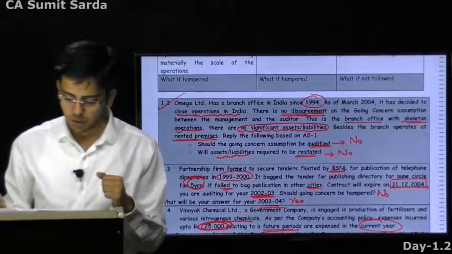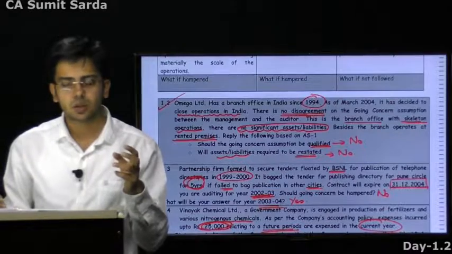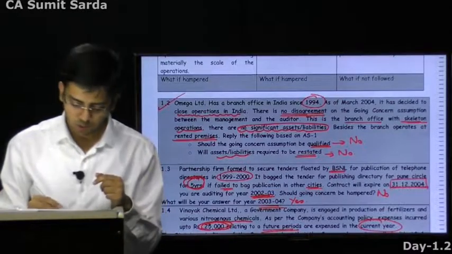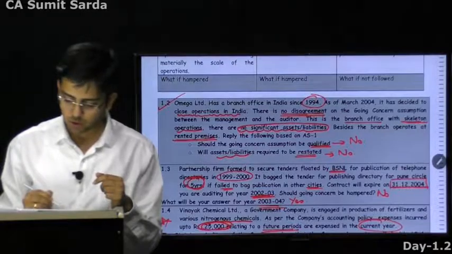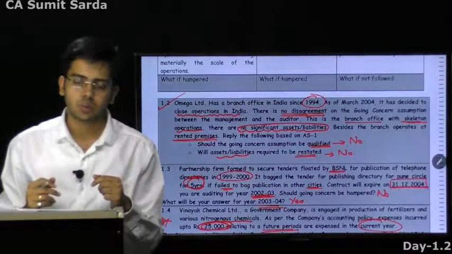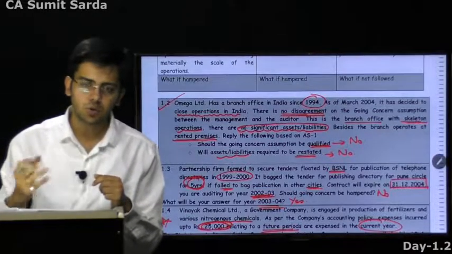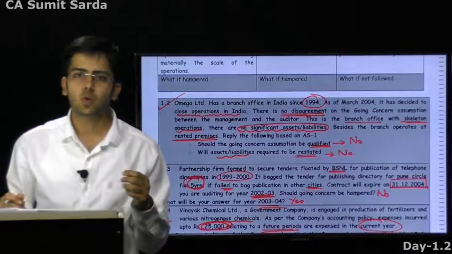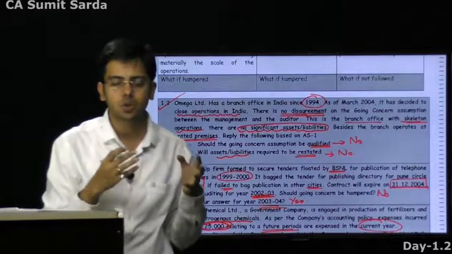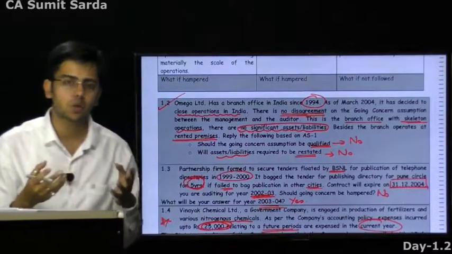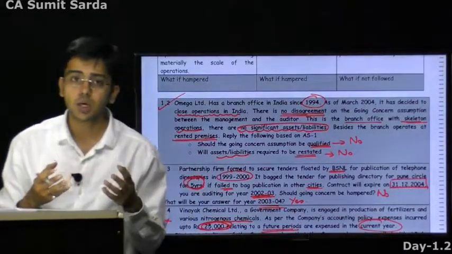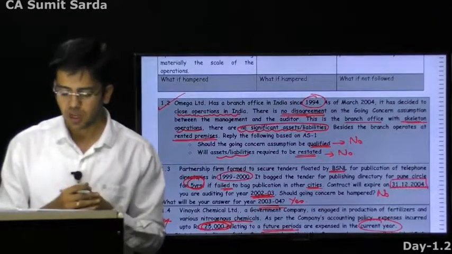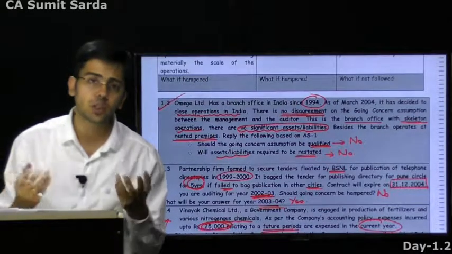Okay. As we said, actually this aspect should not be dealt with right now. It is related to another point: materiality, which we are going to discuss ahead. If some expense is immaterial, it is not the duty of the auditor to see whether accounting policies are followed or not, because we only talk about significant accounting policies. Here the expense is 25,000. We don't know whether it is significant or not.